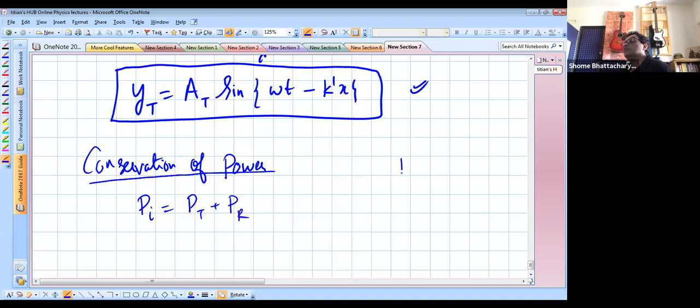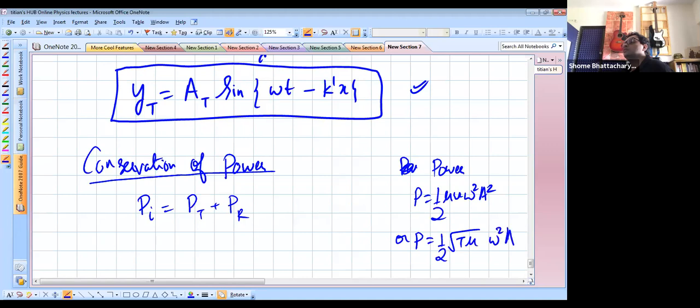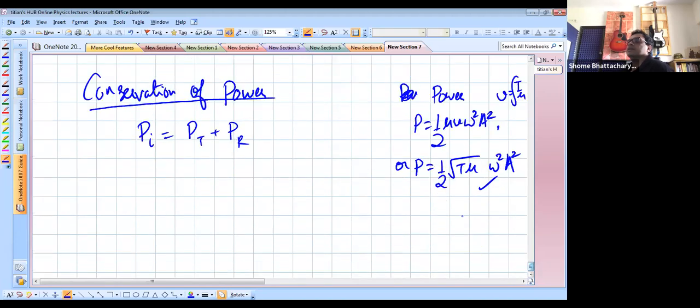Now remember, power of a wave was given by this formula we discussed last time: half mu v omega square A square, or you can also write this as half square root of T mu into omega square A square, because of course v in this equation is square root of T by mu. So from that, let's use this second equation, it will be easier.